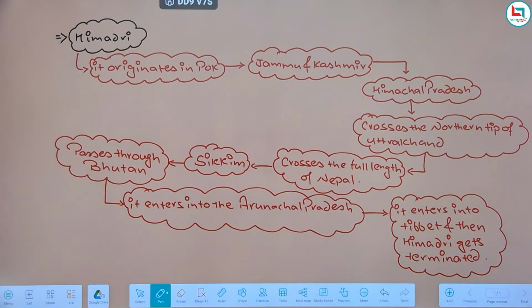So this is the trajectory of Himadri that we need to understand.